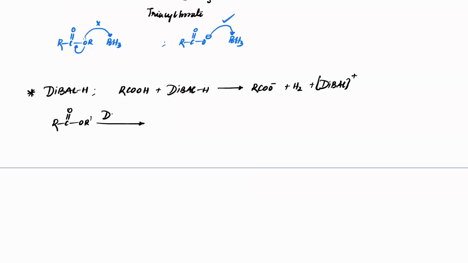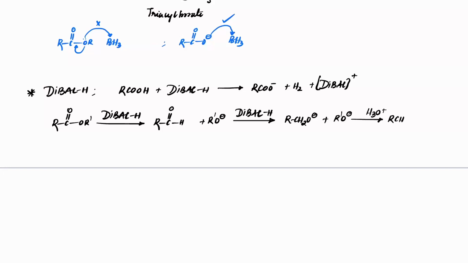When you react with DIBAL-H, first it will convert into an aldehyde form like this with R dash O minus, and then again it can react with DIBAL-H, and that can convert into an alcohol, that is RCH2O minus and R dash O minus, and that on hydrolysis will convert into alcohols. So which means esters can be reduced, but this is the tricky part, everybody.